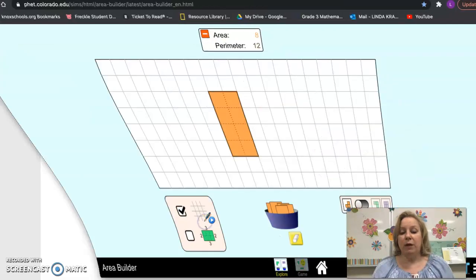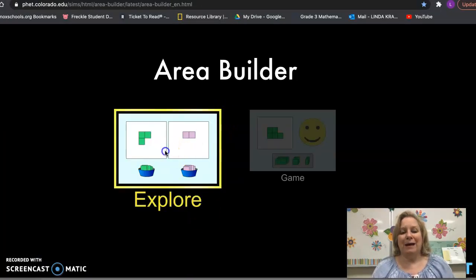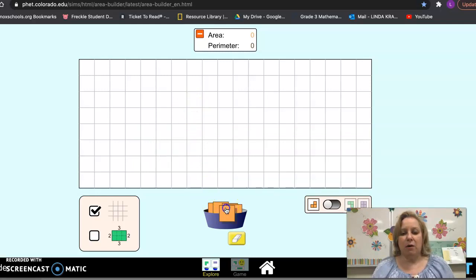And we can go to our area and perimeter builder, and we can put that same shape on our grid. So we had a 4 by 8. 4, 5, 6, 7, 8.